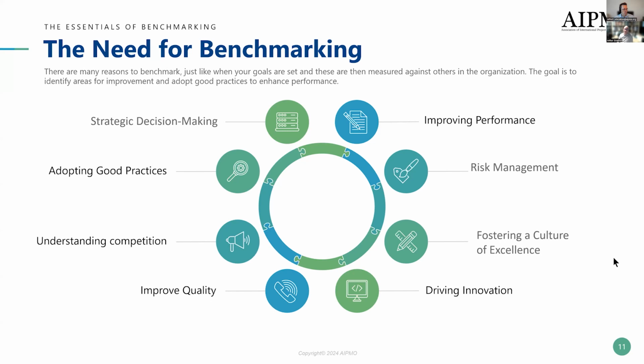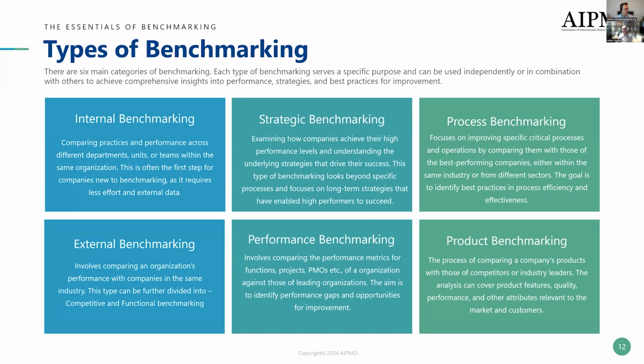So doing something better, doing something in a different way, so that you're getting the best value and the best benefit. And then also for strategic decision making, if you know where you are and what your condition is, and how you measure against others, you know if there's room for improvement, if you're at the top of your game, if you need to continuously improve and drive new innovation to stay ahead, or if you've got some catching up to do. But it gives you an understanding of where you are compared to where the others are and where you want to be.